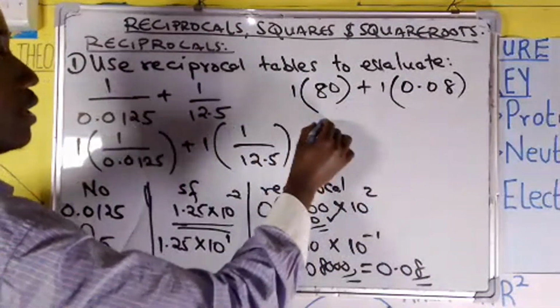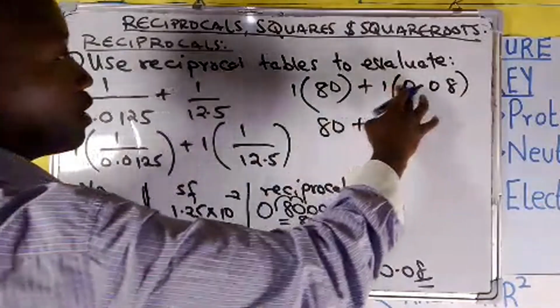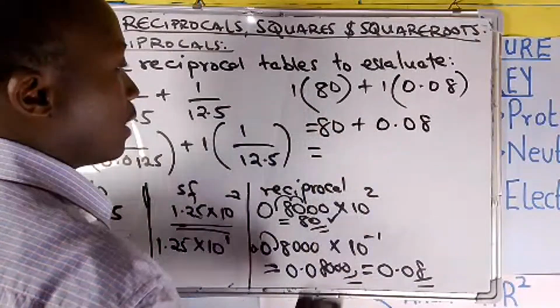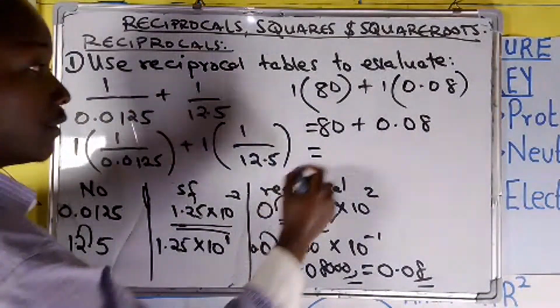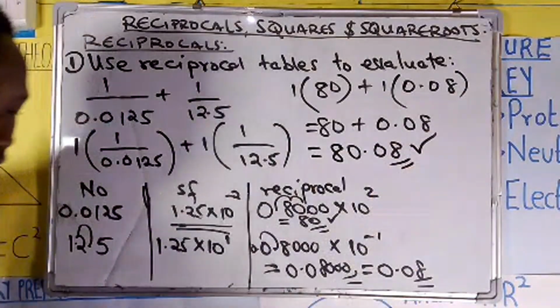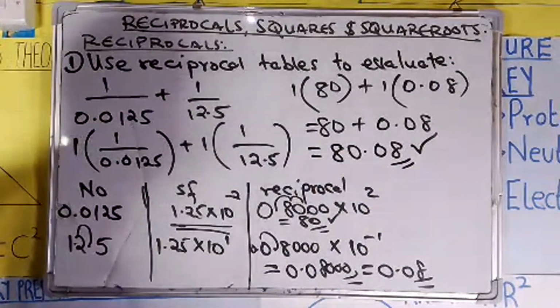So 1 times 80 is 80, plus 0.08 times 1 is 0.08. When we add the two, we are going to get 80.08. And we are done.